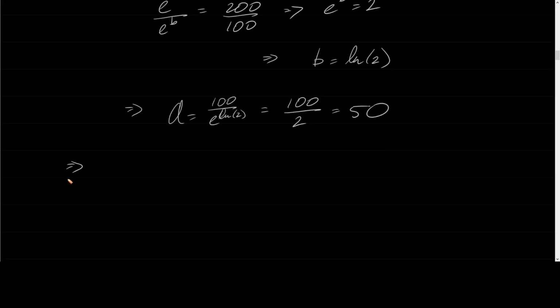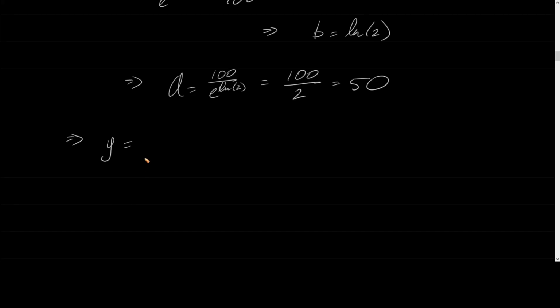So what this tells us now is that y is equal to, remember the exponential model was ae to the bx, right? But in this case, a was 50. Well, we still have the e there. But b was ln of 2, and then that times x, right?